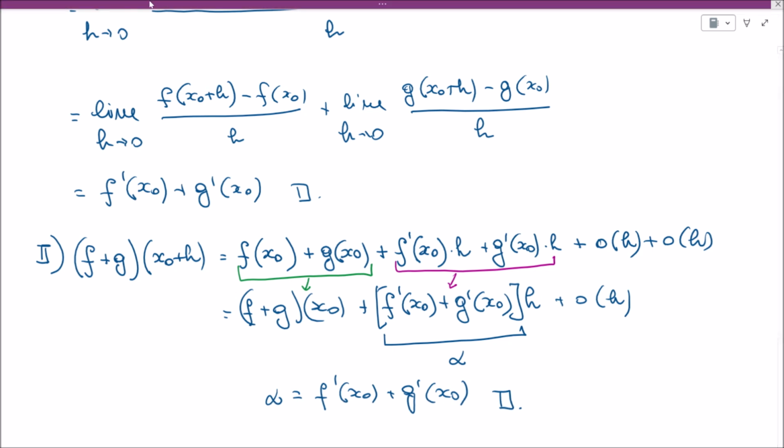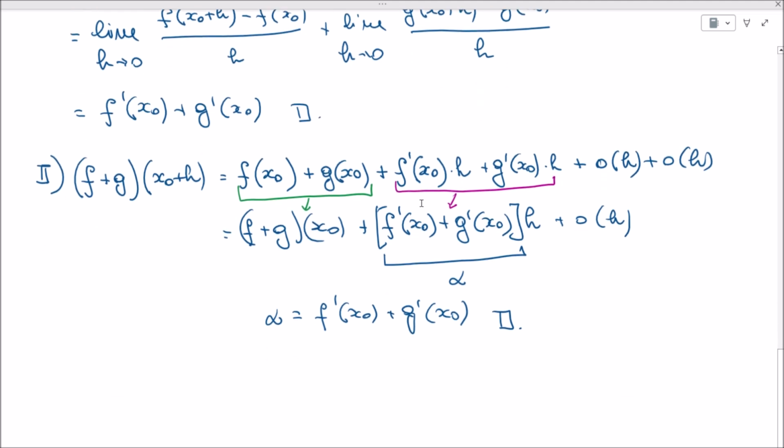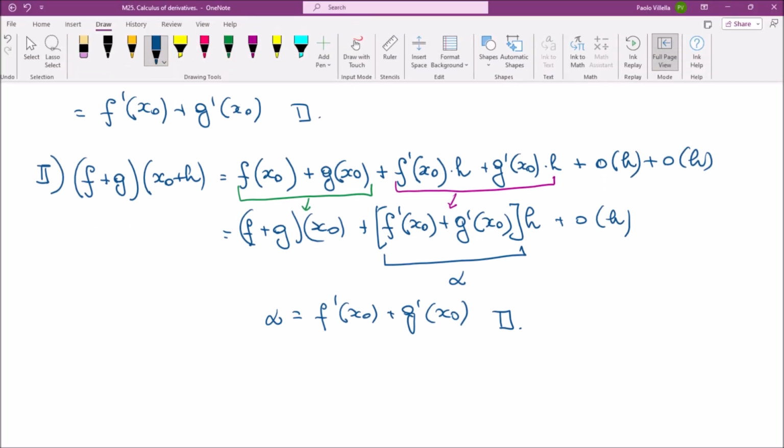Right, so let's now make an intermediate proposition.